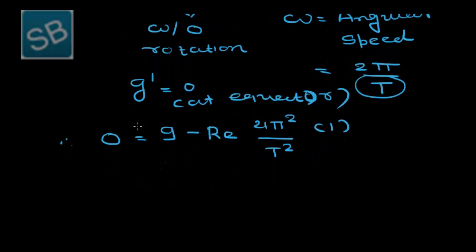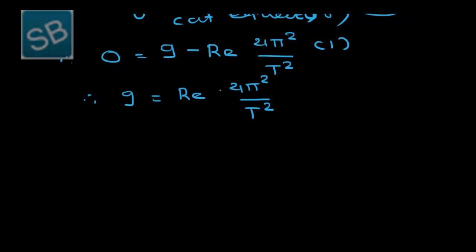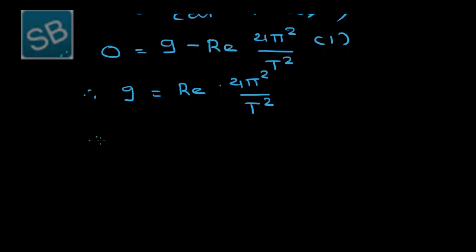Now here you can see I can take this negative sign to the right-hand side, so I get g is equal to RE into 4 pi square over T square. And now I make the time period T the subject, so I get T square equal to 4 pi square RE divided by g.